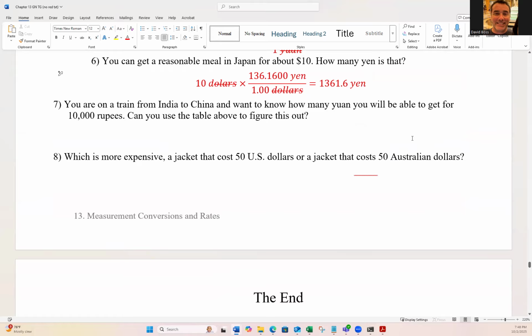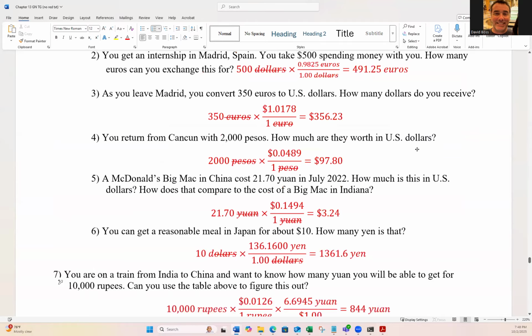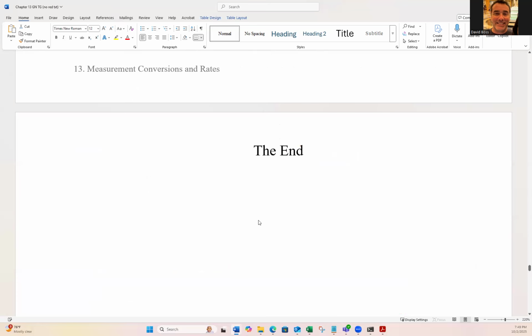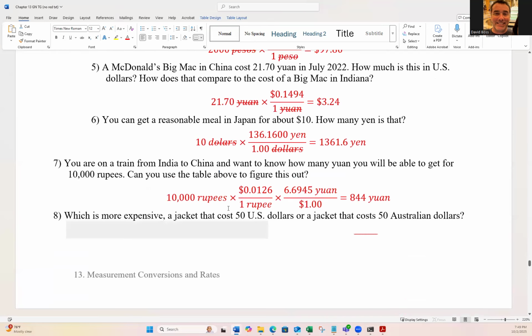You're on a train from India to China and want to know how many yuan you will be able to get for 10,000 rupees. All right, so this one you're going to have to do multiple conversions because you're going to have to go to US dollars and then to yuan. So you set it up first. You change your rupees to dollars.